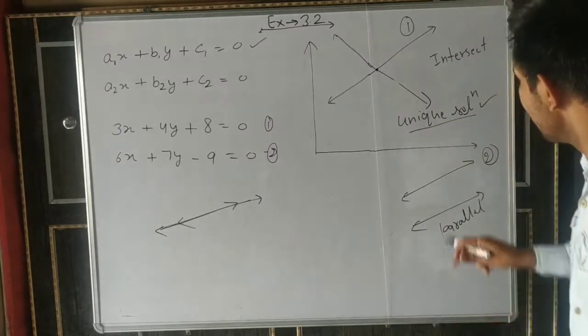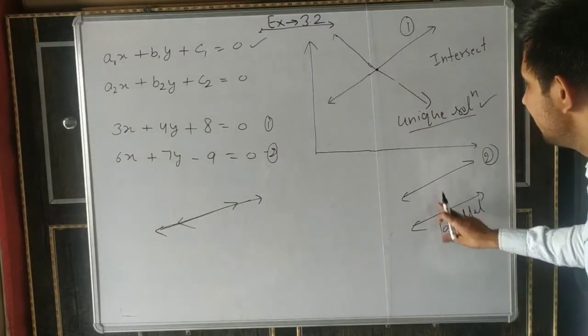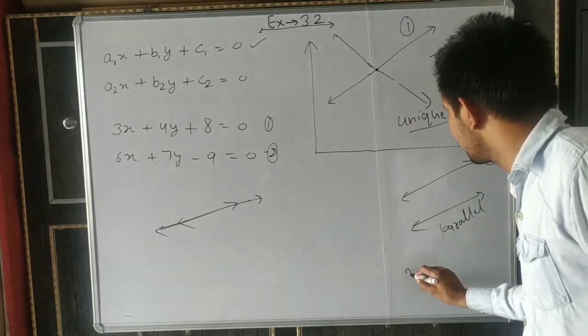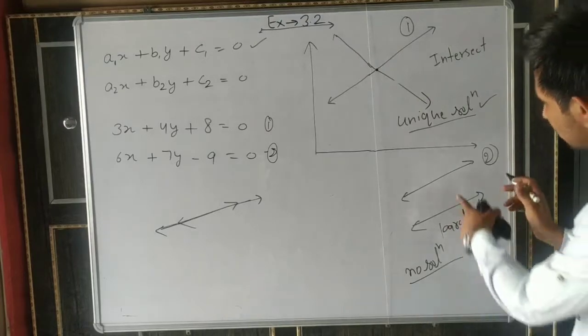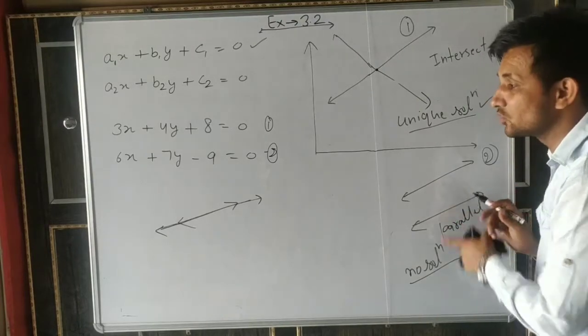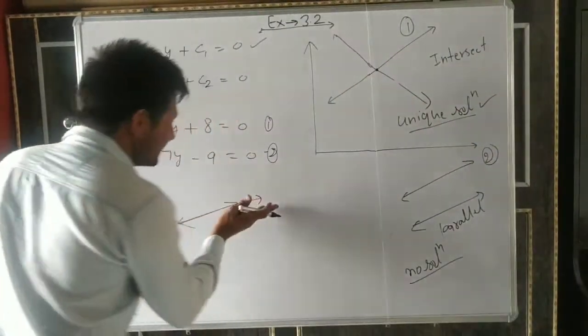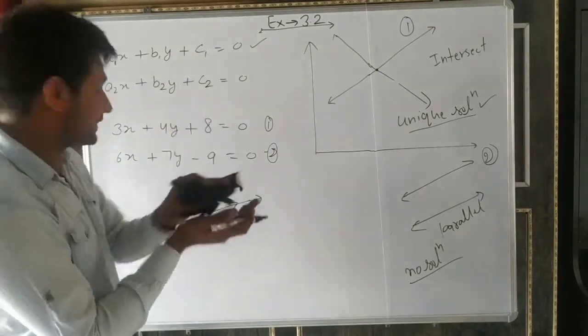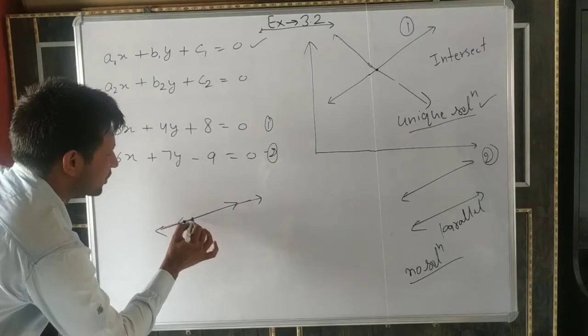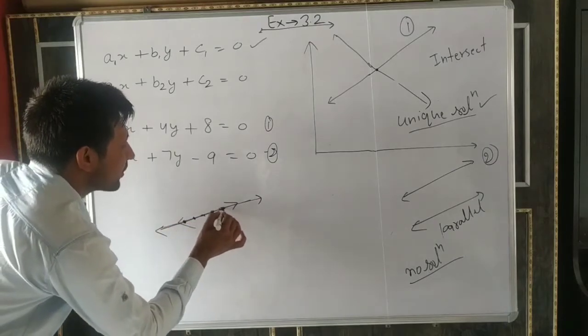Second possibility, when they never meet each other, we call it no solution, no common solution, because there is no common point between these two lines. And these two lines are on top of each other. So how many common solutions? 1, 2, 3, 4.